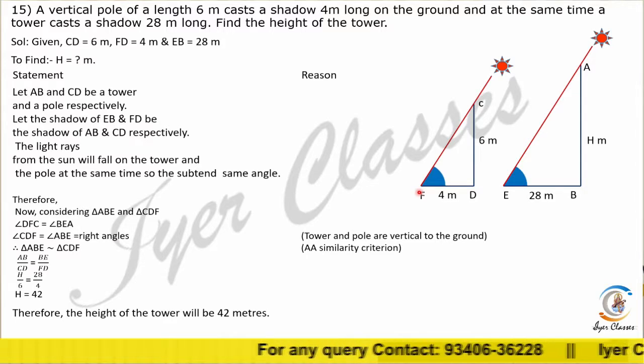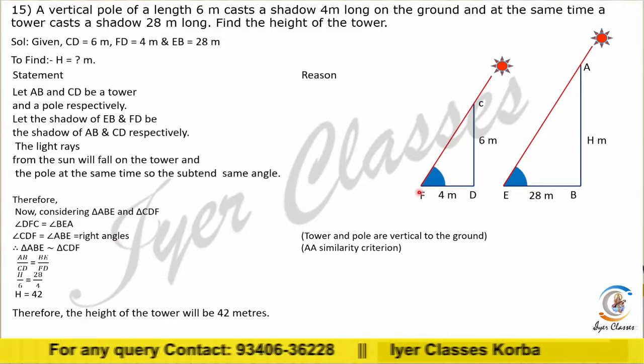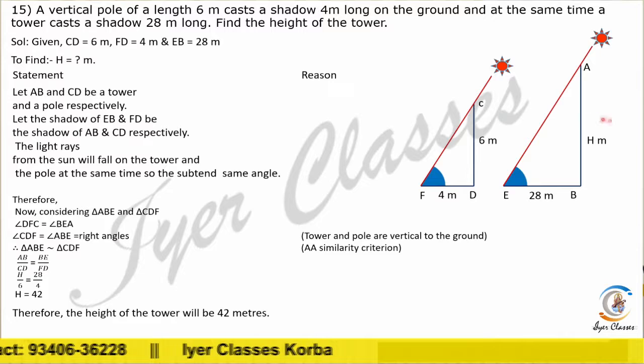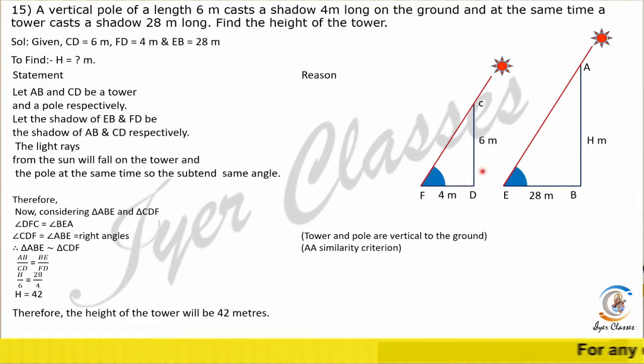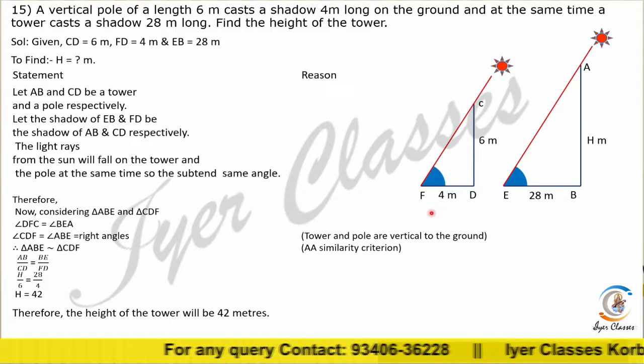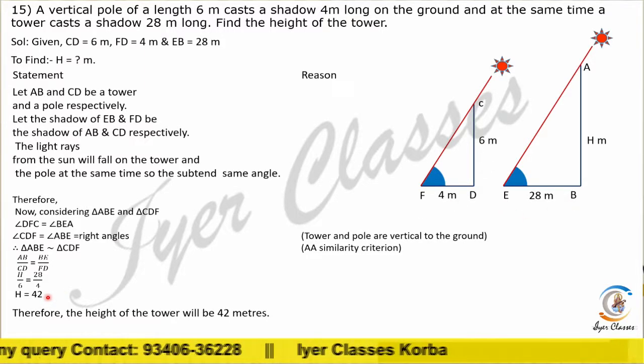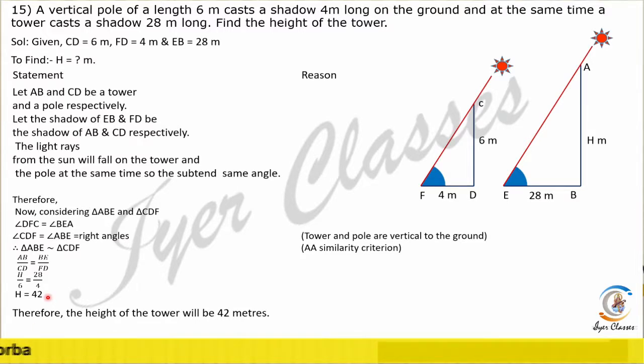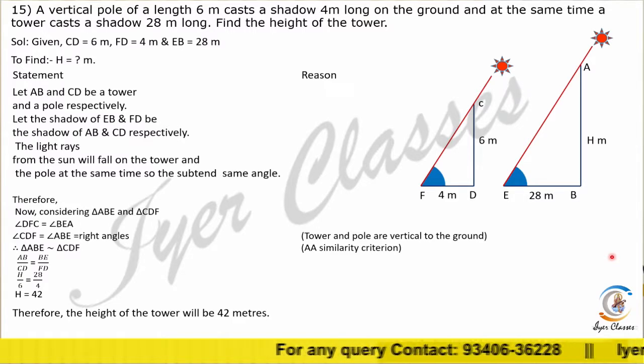Now substitute the values. We know that AB is to be calculated, which we are taking as H. Instead of CD, write 6, instead of EB write 28, and FD you write as 4. Cross multiply, calculate, and you will get the height of the tower equal to 42 meters, right?